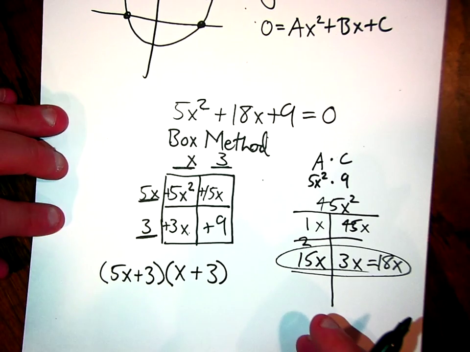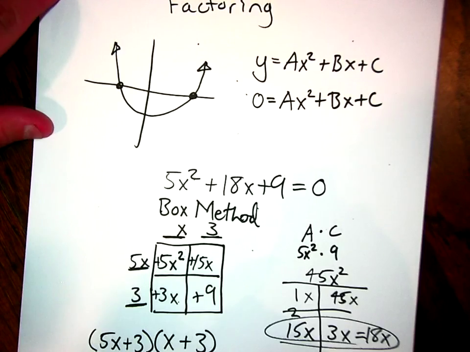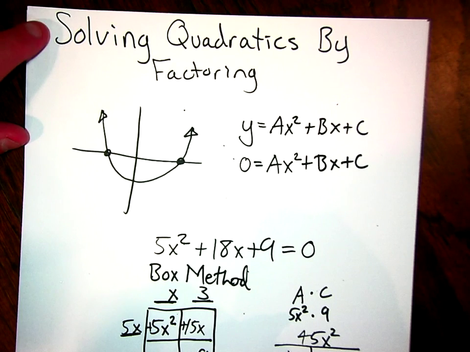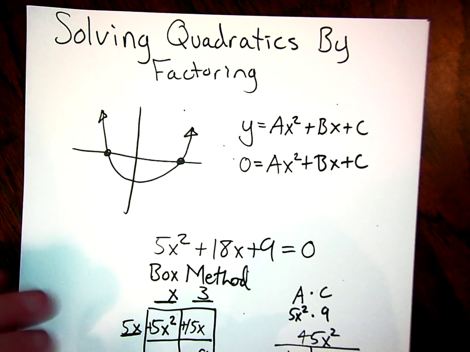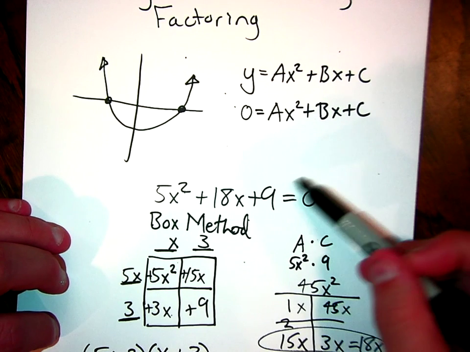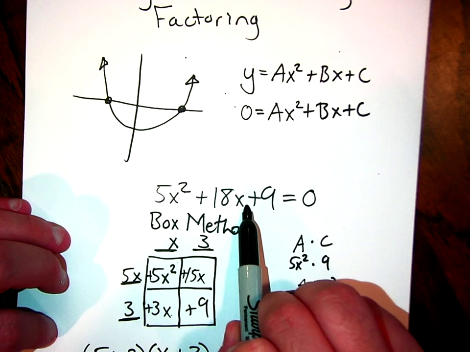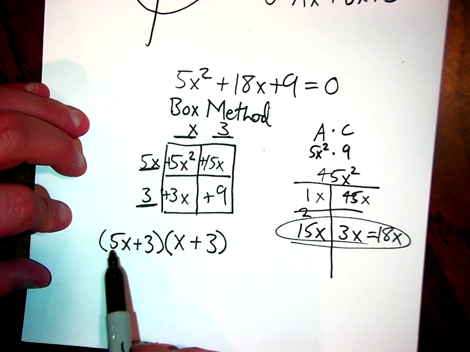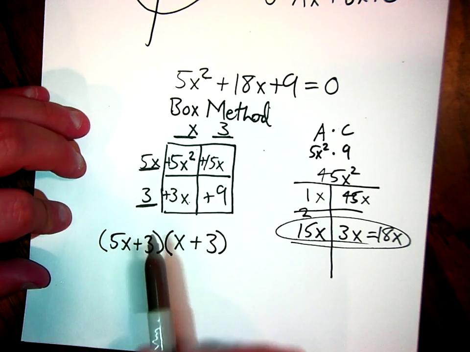Well, now that we have these factors, we can solve this equation, because that's what the video is all about. It's about solving quadratics. We've factored, but now we need to solve. In order to do that, we have to go back to what it was equal to to begin with, because I know 5x squared plus 18x plus 9 and the two binomials 5x plus 3 times x plus 3, those are the same thing, so they're interchangeable.